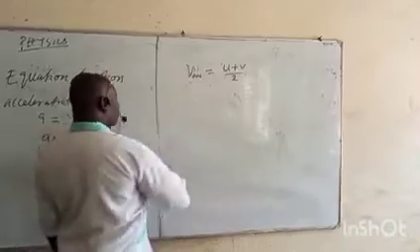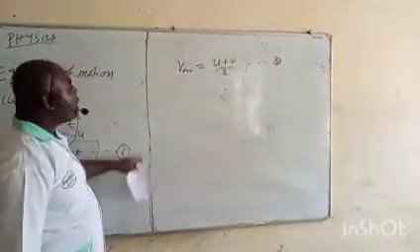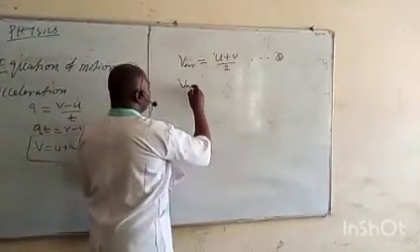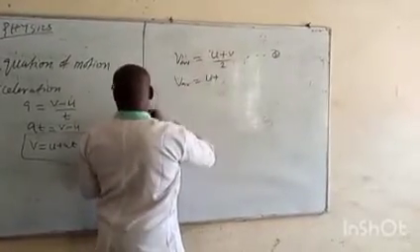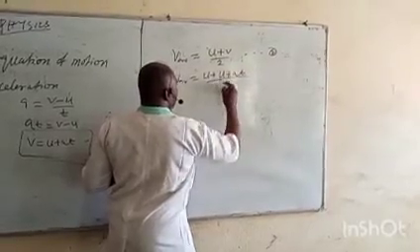Now, let's call this one equation 2. Substituting equation 1 into equation 2, we have that the average velocity is U plus, instead of V, we put equation 1, U plus At, all over 2.